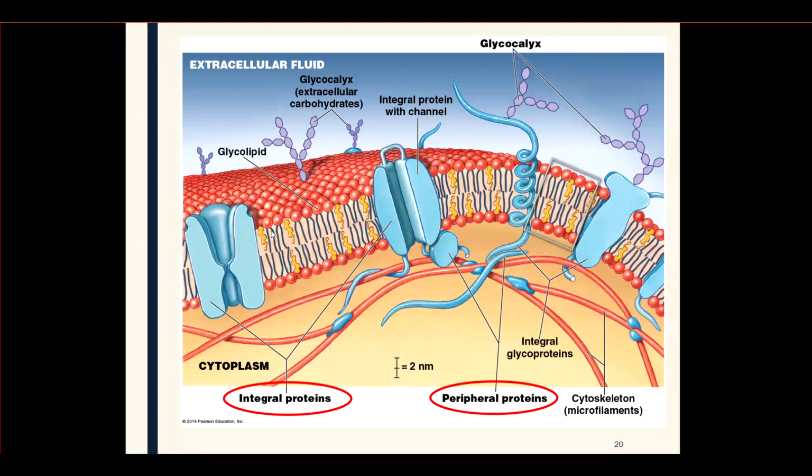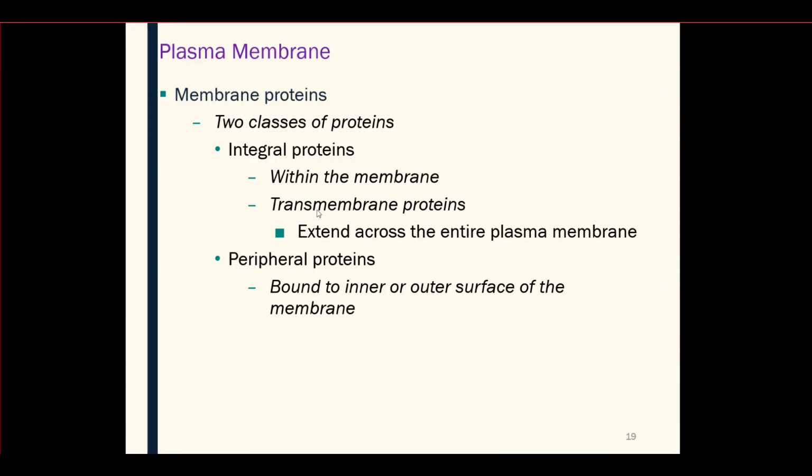So watch this, guys. If you take a look here, phospholipid bilayer, that's going to be the lipids with cholesterol. But see this big blue thing right here? This is a protein. Notice it goes from the outside of the cell membrane to the inside of the cell membrane. So it is an integral protein. It's within, but since it spans the whole cell membrane, we call it a transmembrane protein. Some people say transmembranous.